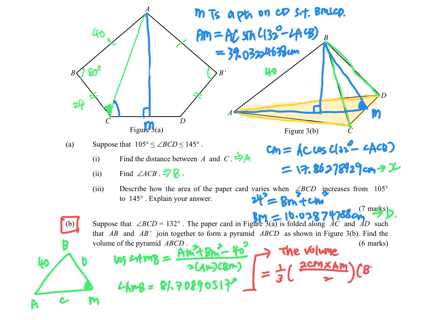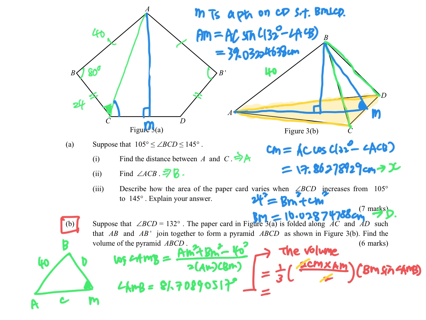That would be BM times sine of angle AMB. And then we try to put all these together into the calculator. Just cancellation. Good. CM is X, and then AM is C, divided by 3, and then times BM is D, and then times sine of the answer just now.